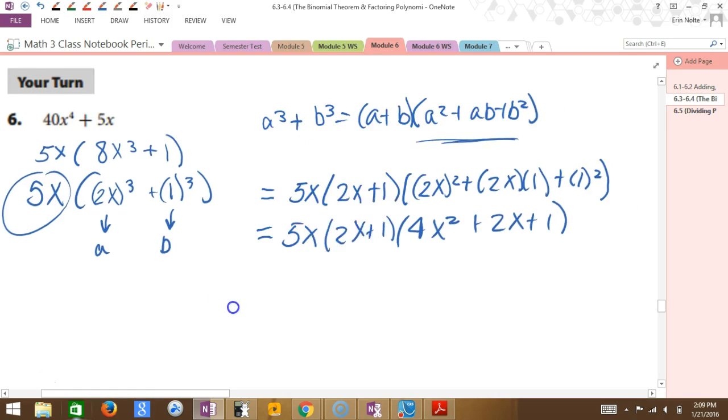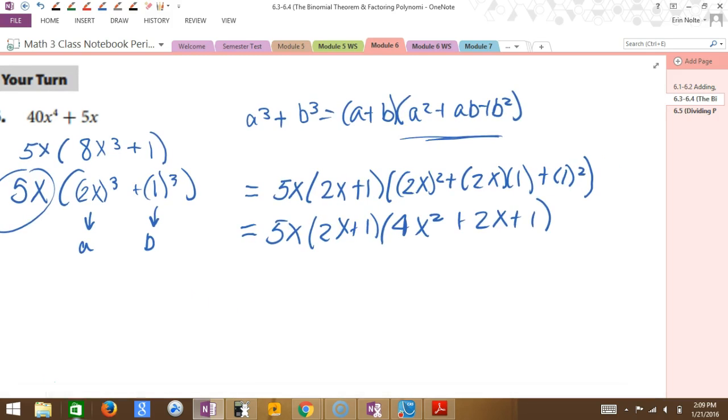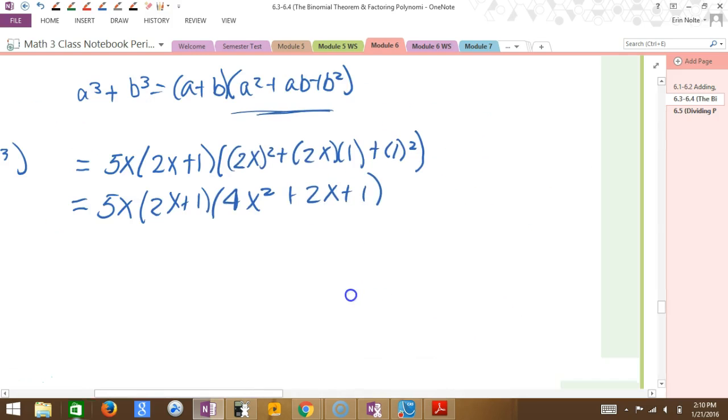Okay. What do you guys think about that? Are we done or can we keep going? Well, now we have a quadratic. So could we use the box method and see if that one factors any further? Okay. So this is factored, this is factored.